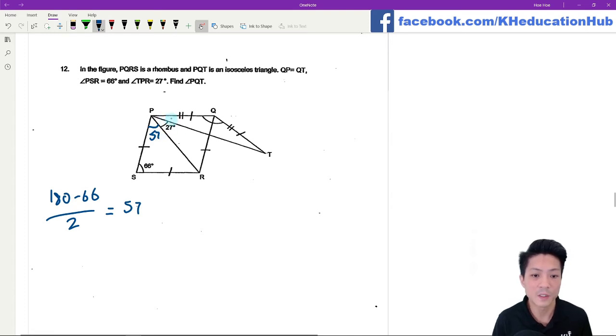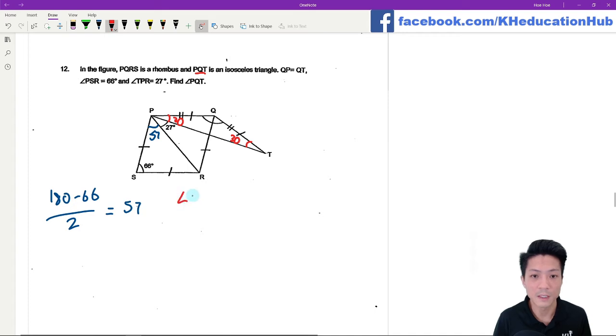Which means that this angle over here is also 57 because this is a rhombus. So if I use 57 minus away the 27 over here, I know that the angle over here is a 30. Okay, angle triangle PQT is an isosceles, so this is also 30.